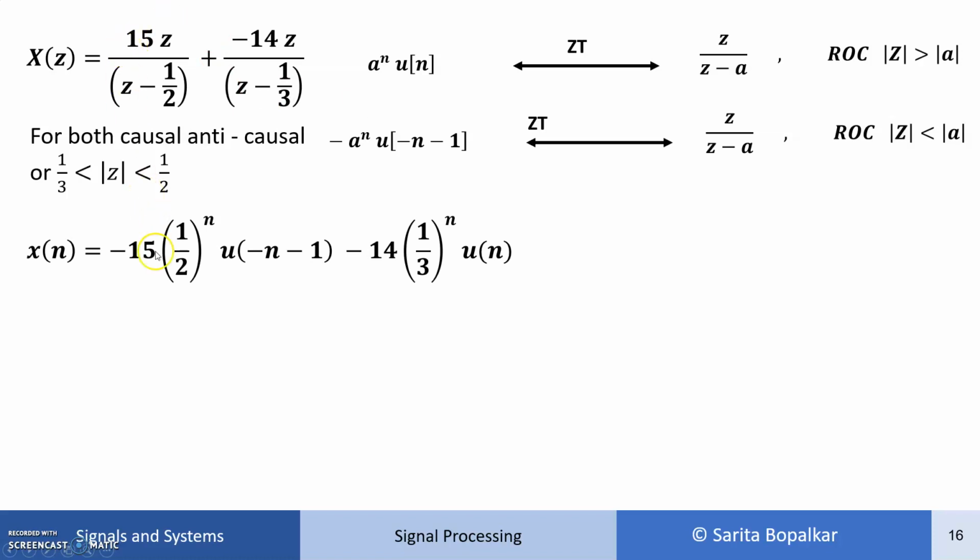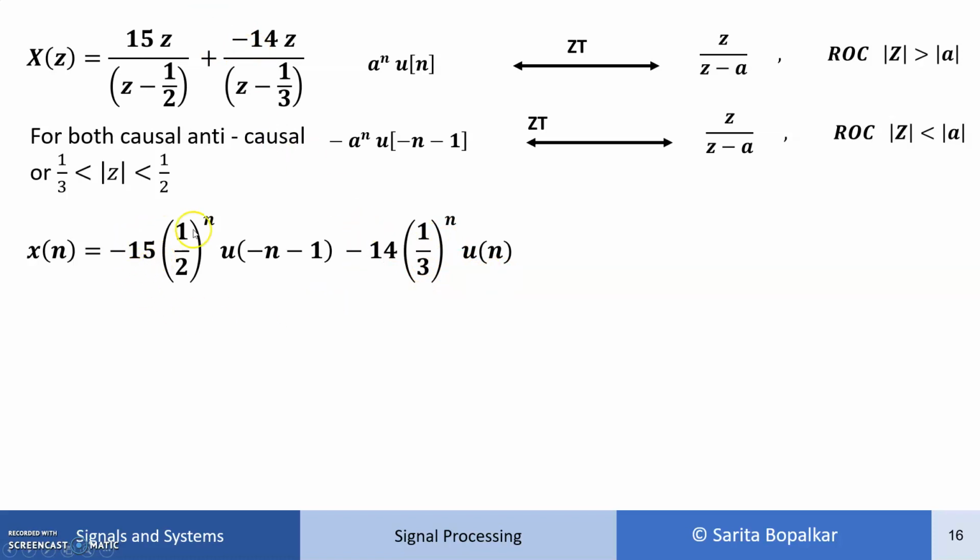So here the minus stays as it is, for mod z less than 1 by 2: minus a raised to n, 1 by 2 raised to n, u of minus n minus 1. And for mod z greater than 1 by 3, we'll use 1 by 3 raised to n u of n, and this minus stays as it is.